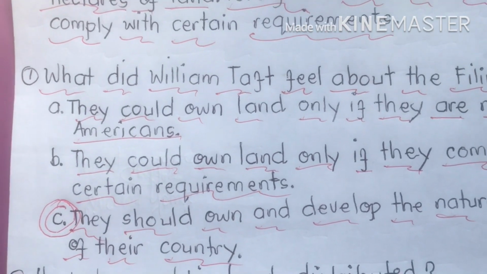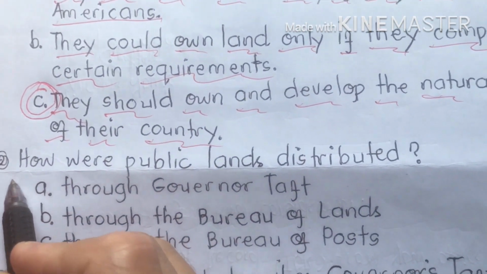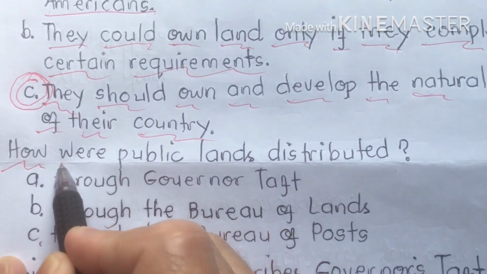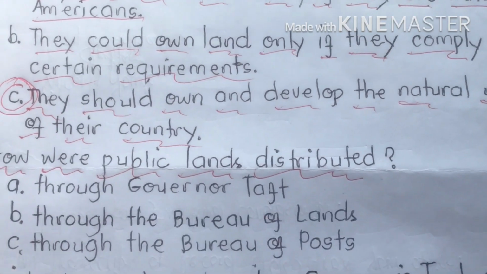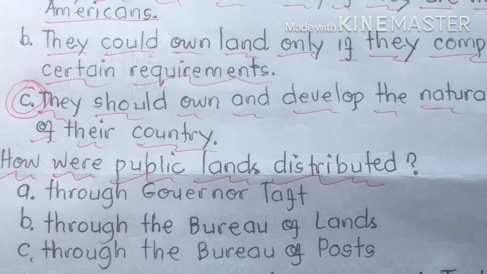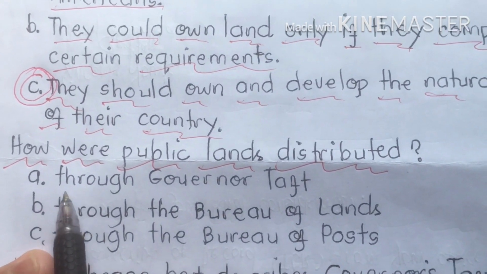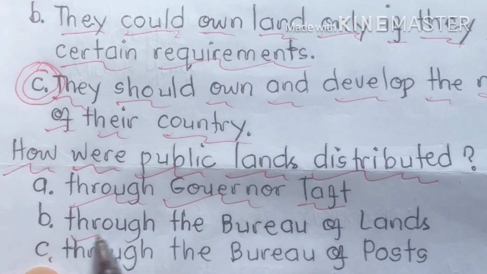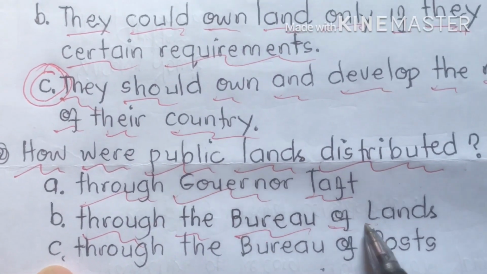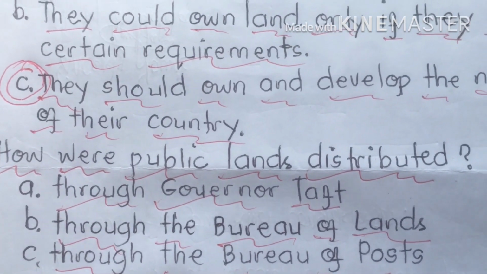So that's good. Next, number 2, my dear students. Question, please follow me, guys. How were public lands distributed, and how are they being distributed to the different tenants for us as Filipinos? Is it A, through Governor Taft, B, through the Bureau of Lands, C, through the Bureau of Post?